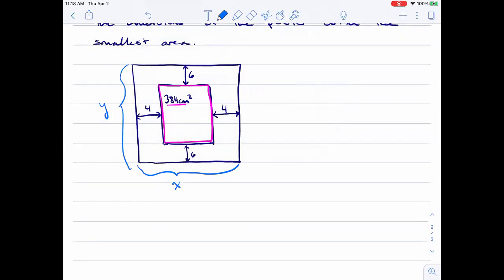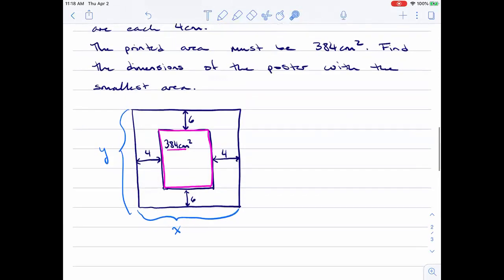So if we're calling this length X and this length Y, what we're trying to find is X and Y. That's going to be the easier way to go about these: figure out what you need and call those just X and Y, or length times the width, or height times the width, whatever you want to call them.